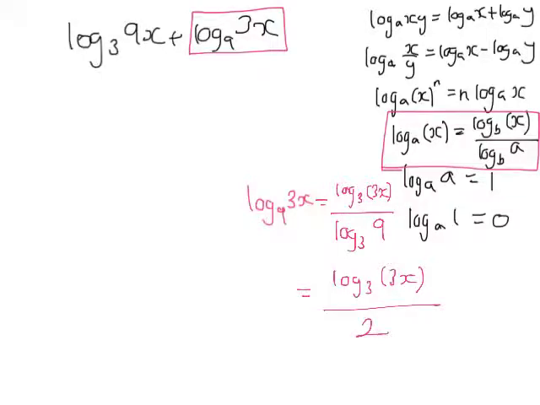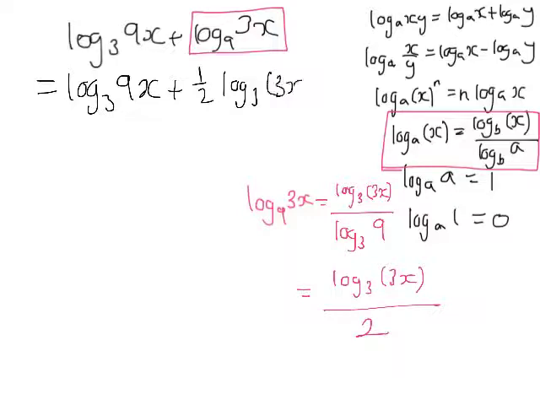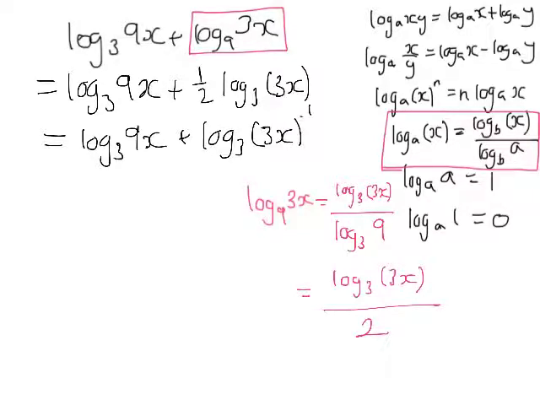So putting this back into our original equation, we get log to the base 3 of 9x plus a half times log to the base 3 of 3x. Using the power law, we can rewrite the second log as log to the base 3 of 3x to the power of a half.